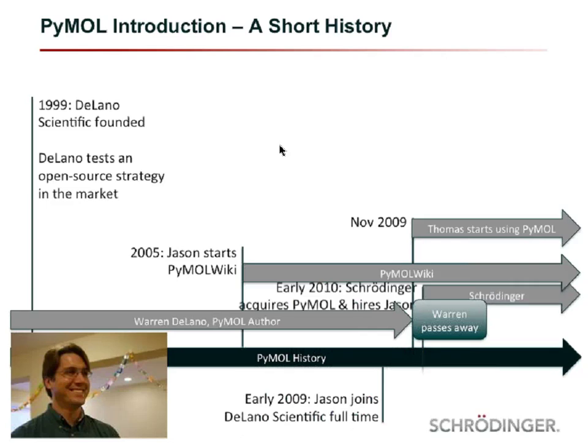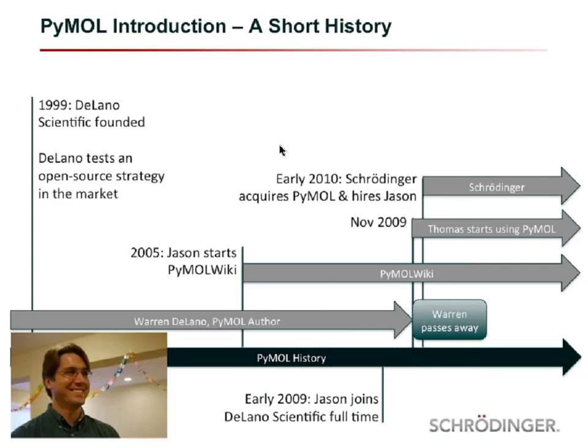So Schrodinger acquired PyMOL and Jason in early 2010, and since then has continued PyMOL in the very same spirit as Warren did. This means PyMOL is still open source, licenses haven't changed, and we're really putting a lot of effort into making PyMOL a good science tool.